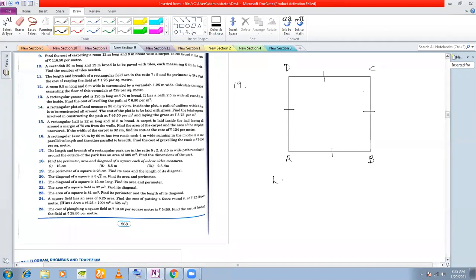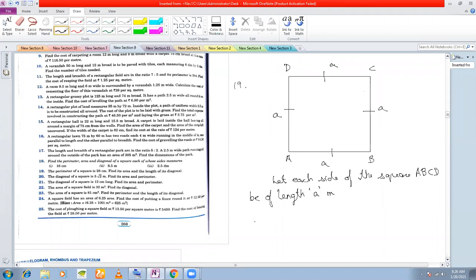We say let each side of the square ABCD be of length a meters. Each side of the square is of length a meters. So we are taking each side as a.